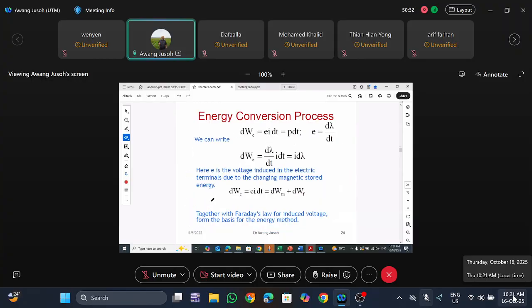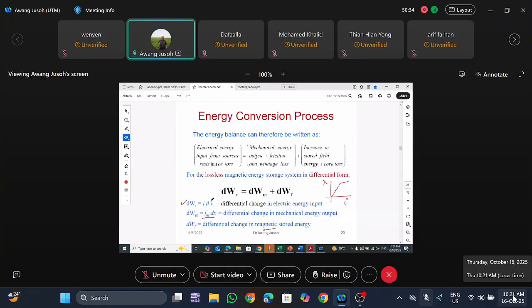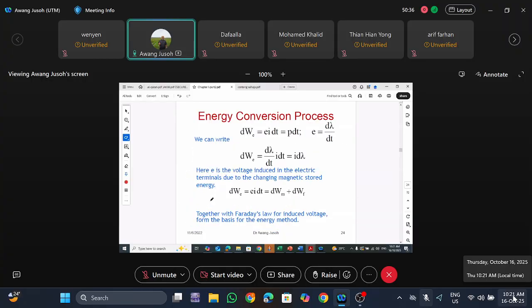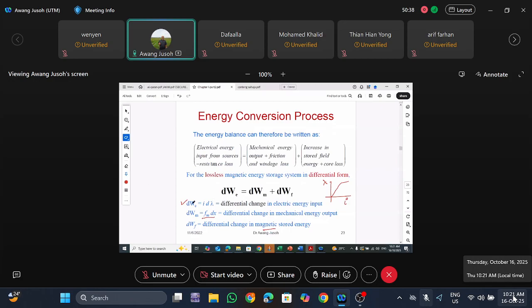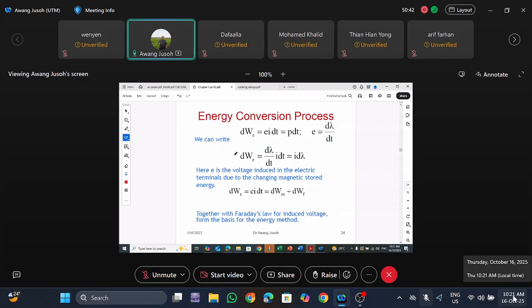Alright, so now we're going to write down further. What is the dWe just now? The differential change in electrical energy can be written like this. A little elaboration: we know the energy equals power times dt. Power equals e times i, where e is the voltage, multiplied by current, multiplied by the time taken, equal to P dt.